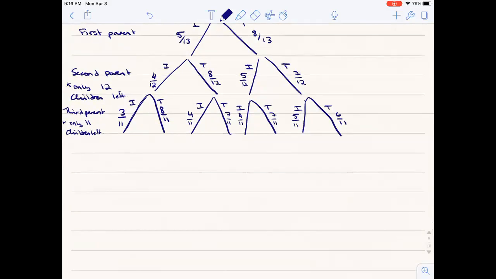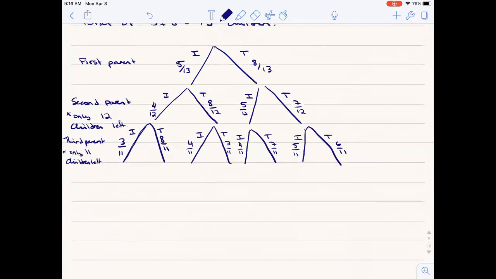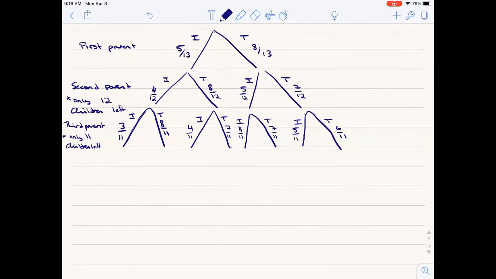So here, we can find the probabilities at the end of each branch, and what we do is we just multiply down. There's not a lot of room here.